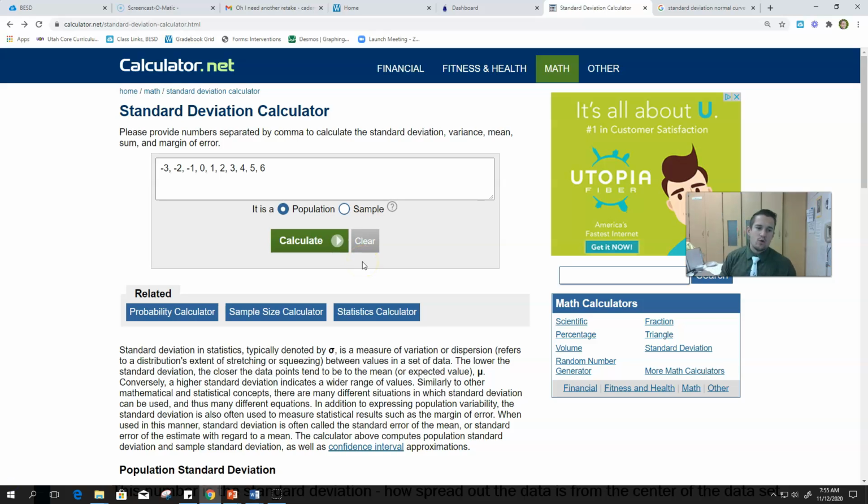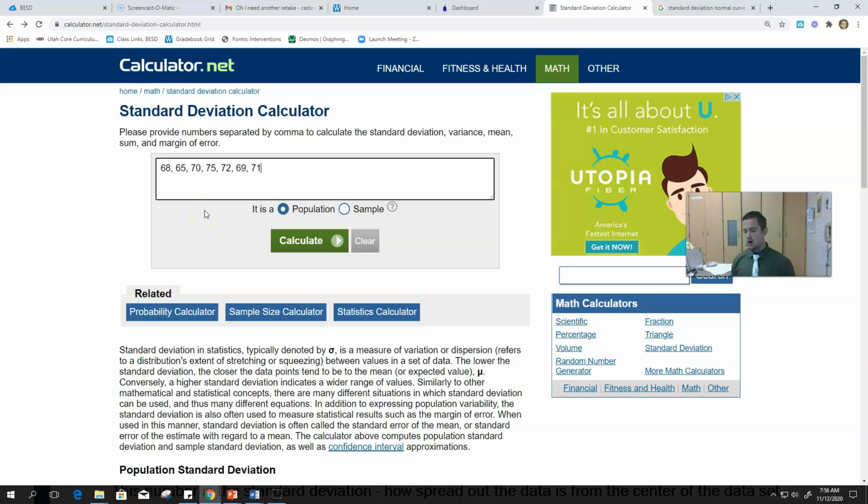Now I want to show you, if you don't have access to a calculator at home, if you just search standard deviation calculator on the internet, you'll find an online standard deviation calculator. I searched standard deviation calculator, clicked on the first option, and I'm going to find the standard deviation of our second class. My second class scored 68, 65, 70, 75, 72, 69, and 71.